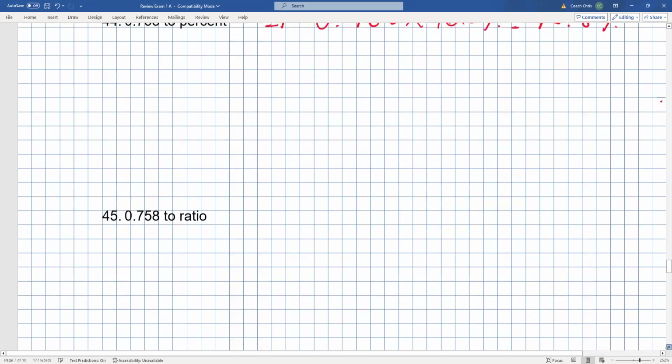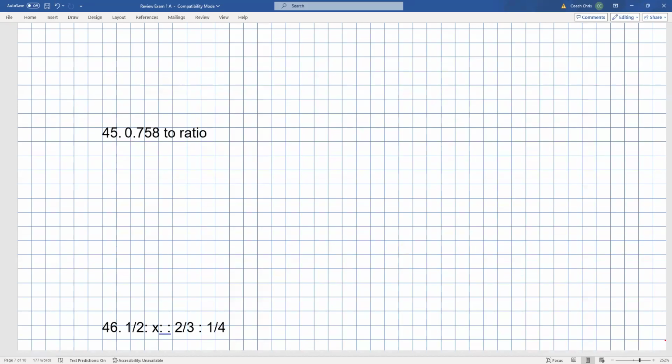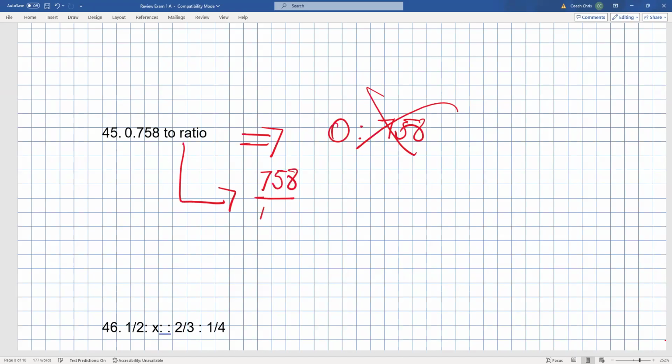So let's check it out. Right here, you have converted this to a ratio. So you're not going to do this. Like I see some people that will do 0.758. No. This is not how you convert to a ratio. To convert any decimal to a ratio, you have to make that as a fraction first. You learned how to make that as a fraction. As a fraction, this is going to become 0.758 over 1,000.